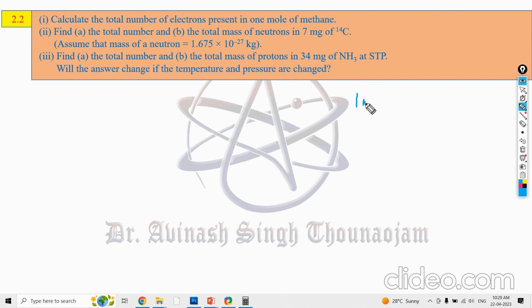So one molecule of methane has 10 electrons.